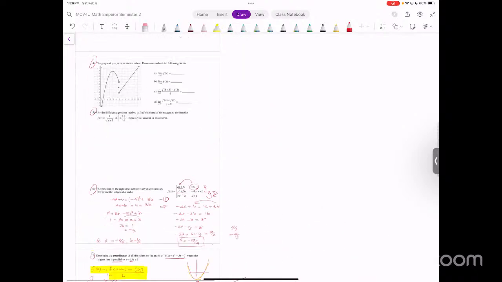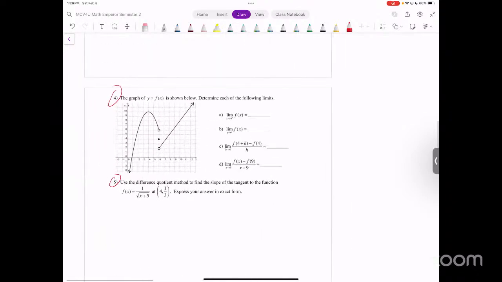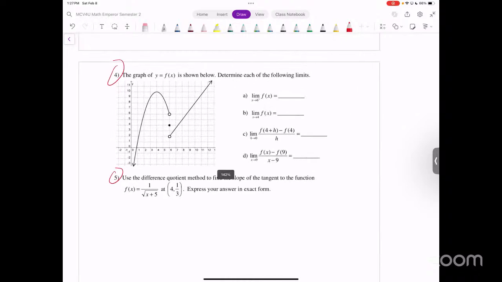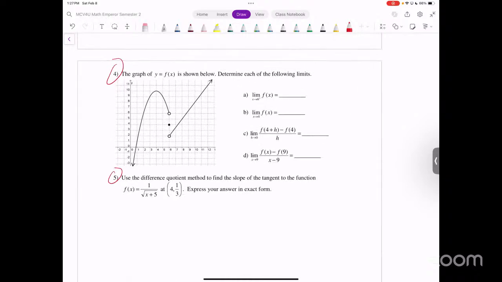All right, Swati, you probably start number 4. What do you get for the limit as x approaches 6 plus of f of x? You got 6. 6 plus draws right after 6.